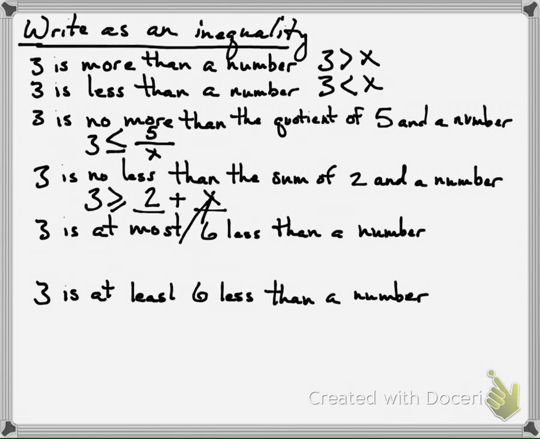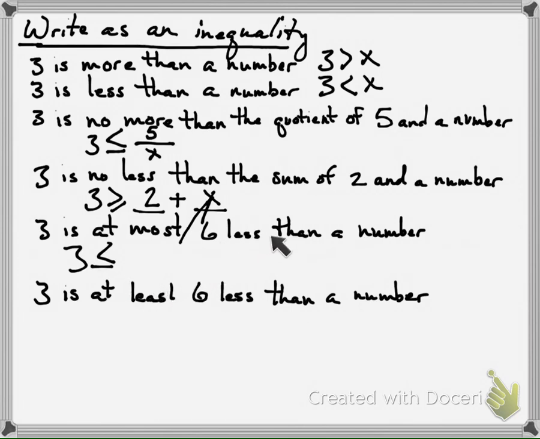You're saying it's got to be less than or equal to. 3 is at most 6 less than a number. So I'm going to pause a second on this at most, because when you say at most, you're kind of setting a ceiling. You're saying this is the highest point. And so 3 is less than or equal to.